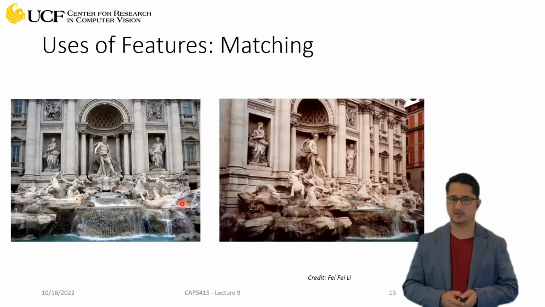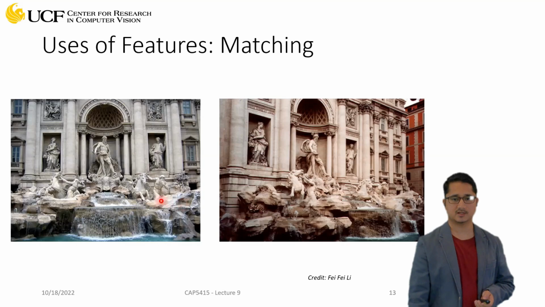Another interesting application of matching: even in this case, you can see there is a lot of difference in the coloring, right? Of course, these are the same objects, the same location, but the viewpoint is different. But as a human, you can easily match each statue, you can locate it.